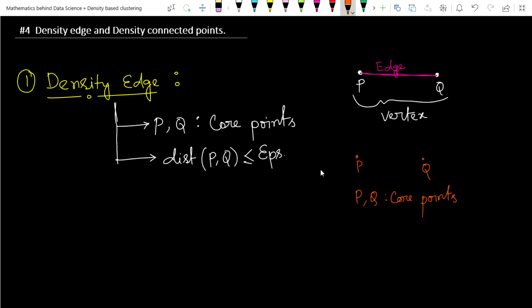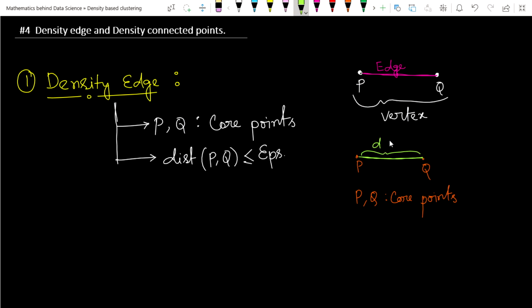Now if this distance, which I'm marking in green, is less than epsilon, let this distance be d.